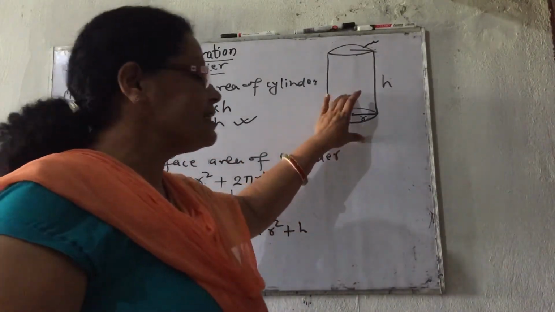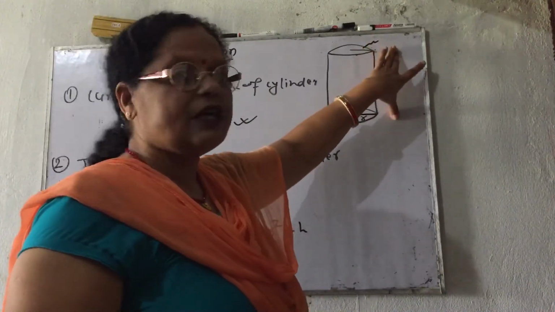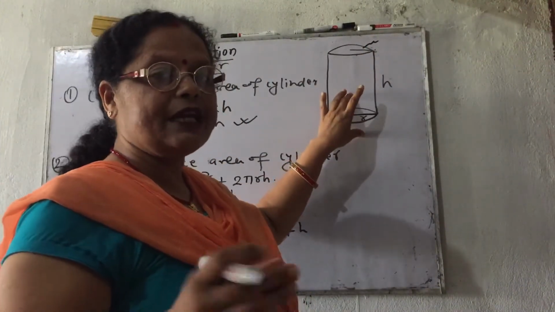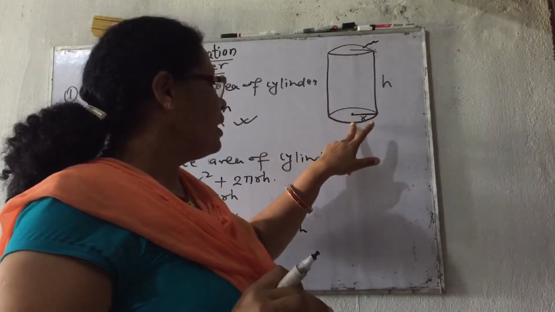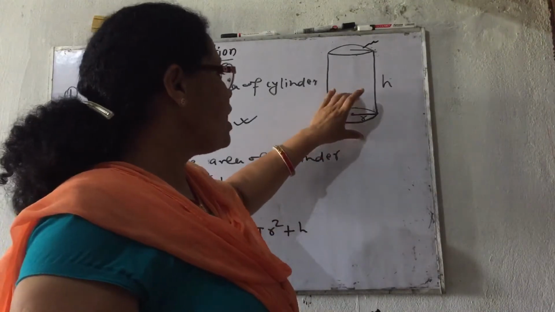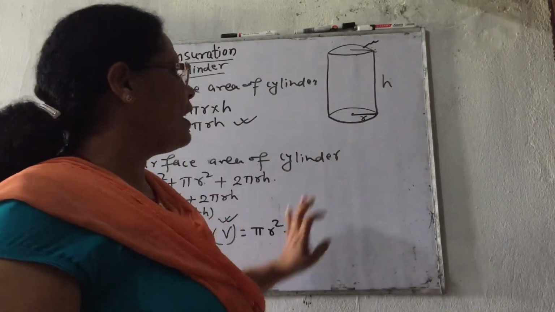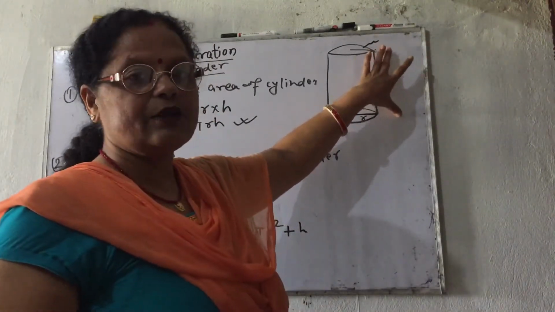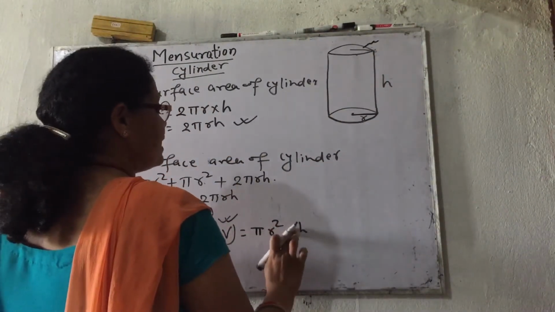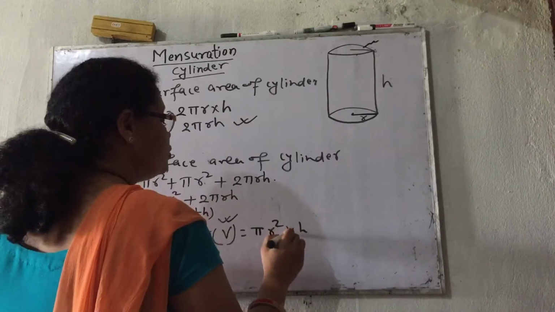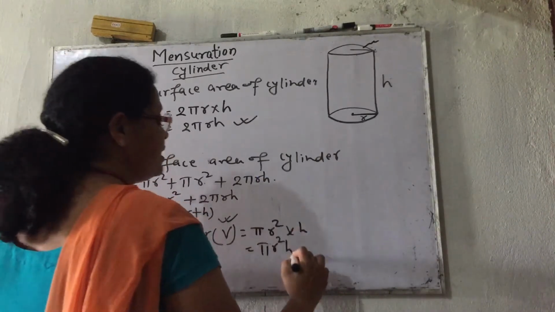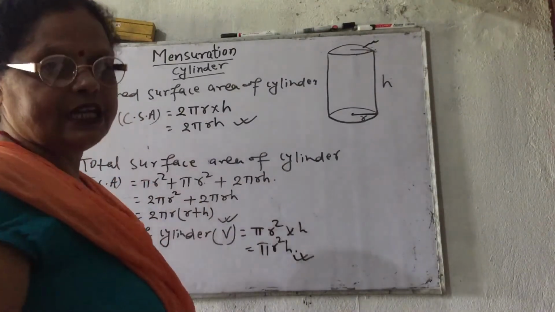Area of the base into height of the cylinder. Area of the base means area of circle, its shape is circular. So area of circle will be pi r square and height of the cylinder will be h. Altogether into h, pi r square h. It is the volume of the cylinder.